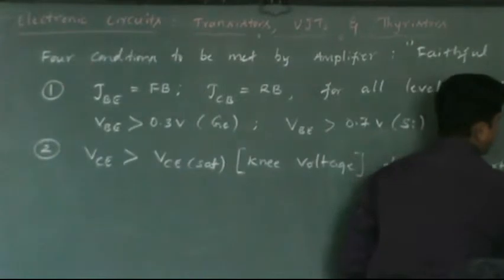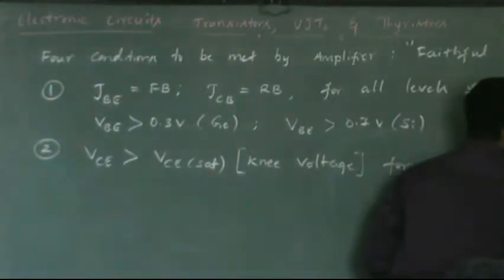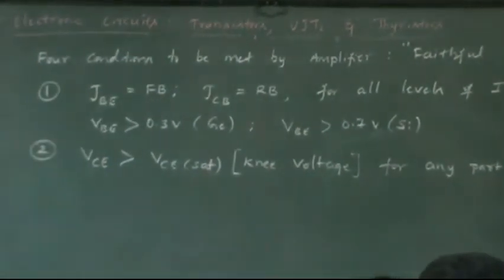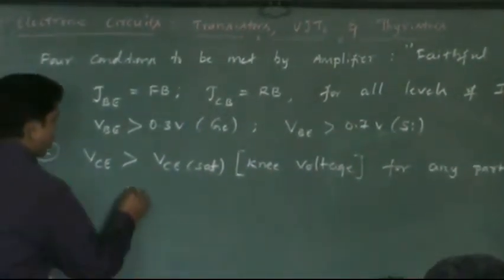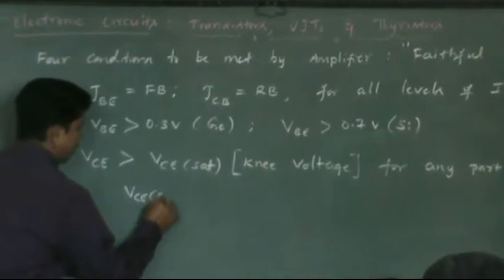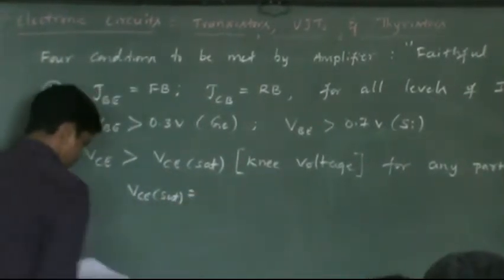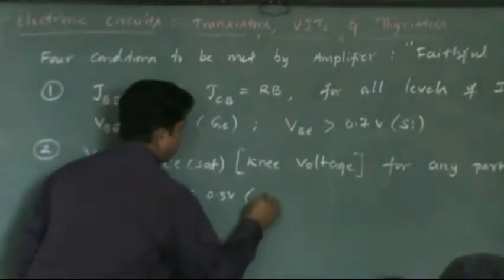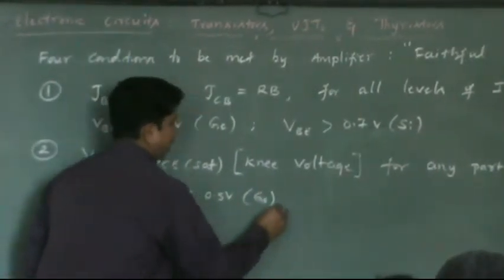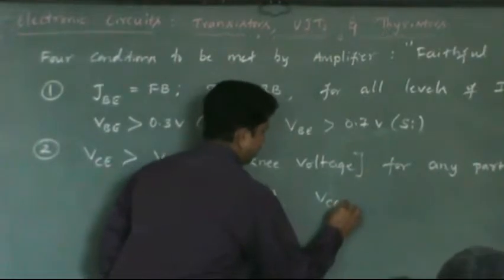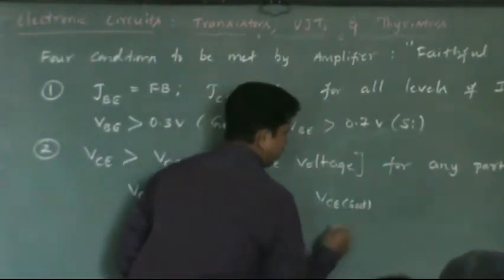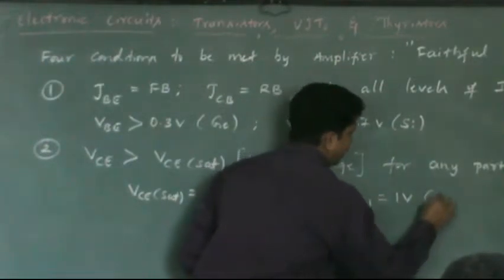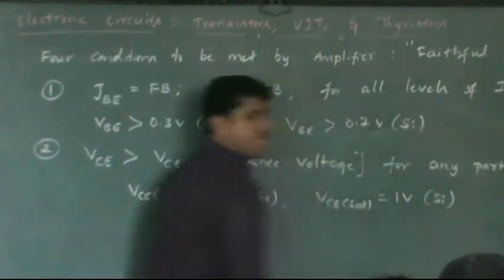Again, input signal means the AC signal. I'll give the VCE sat values. VCE saturation is equal to 0.5 volt for the germanium transistor, whereas the saturation voltage VCE sat must be equal to 1 volt for the silicon transistor.